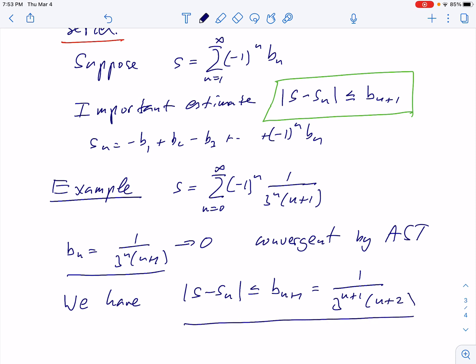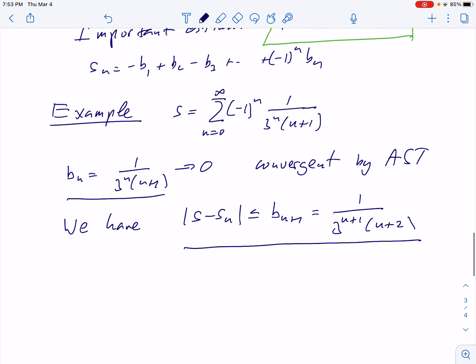We have this estimate. And now, suppose I want to find the value of the series with some precision. I want S minus S sub n to be less than 1 over 100.